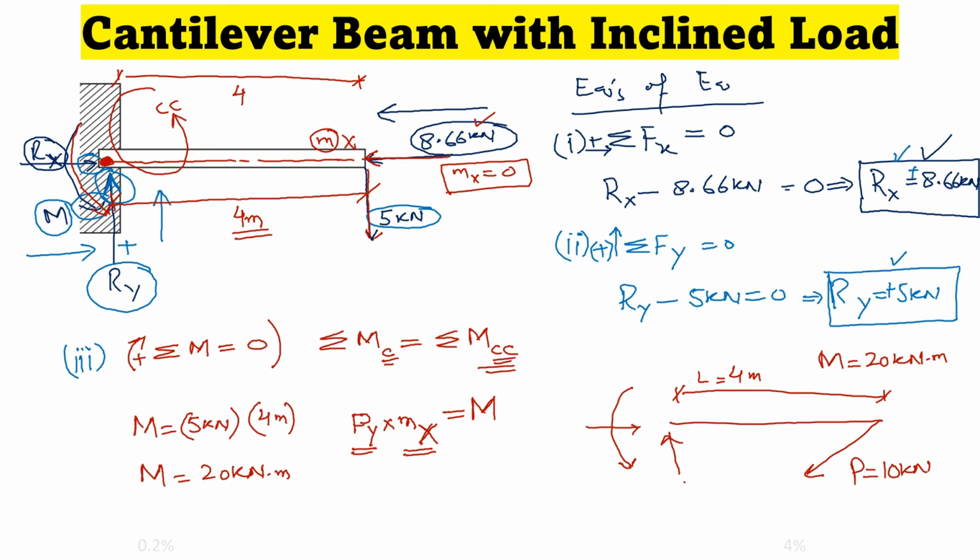We will show this vertical reaction, Ry equal to 5 kilonewton, this Rx equal to 8.66 kilonewton, and this M will be equal to 20 kilonewton meter. So we have solved this cantilever beam for its reactions in inclined load.